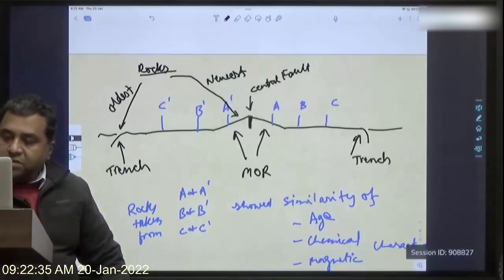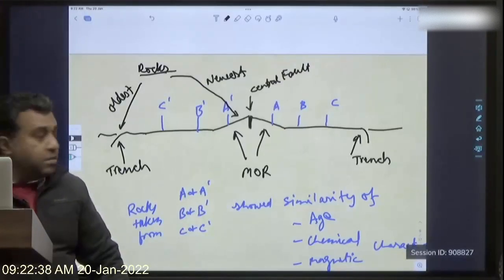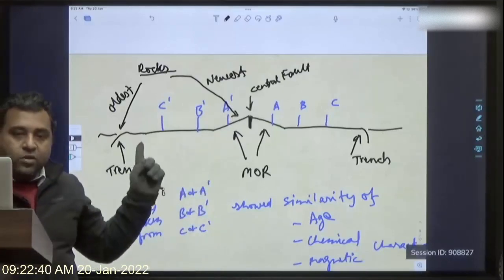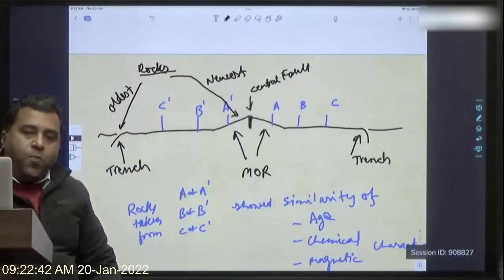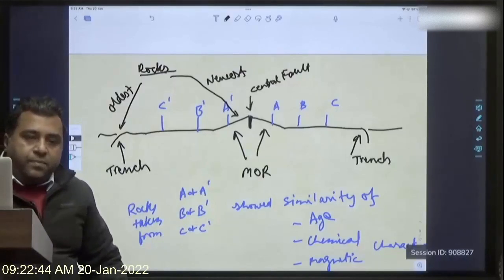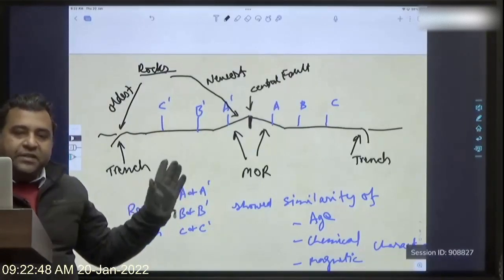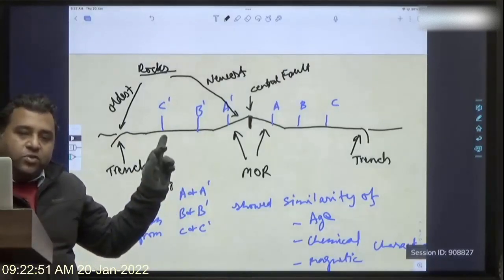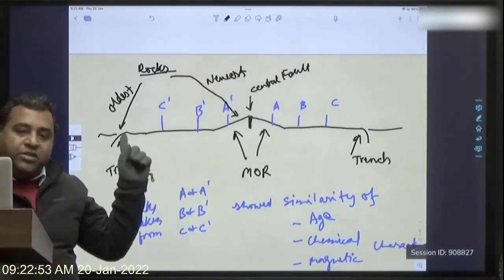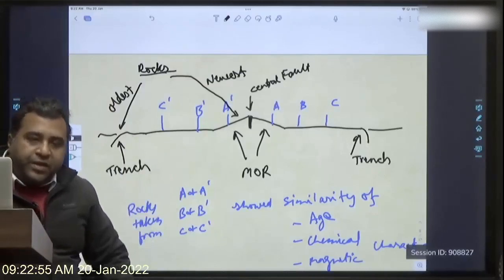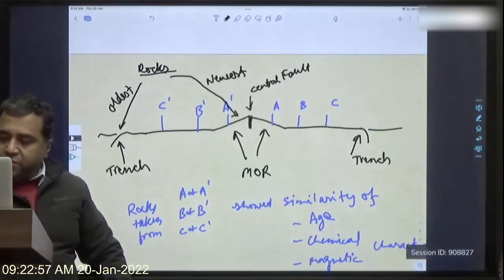Newest rocks we will find at the central fault and the oldest rocks we find near the trenches. In this diagram, C dash is older amongst the three, but the oldest we'll find at the trench. Is this okay? Very good.